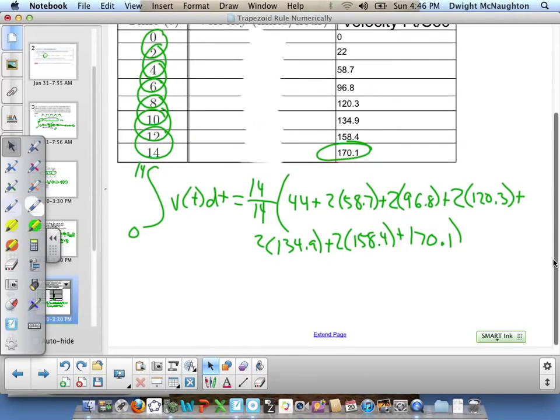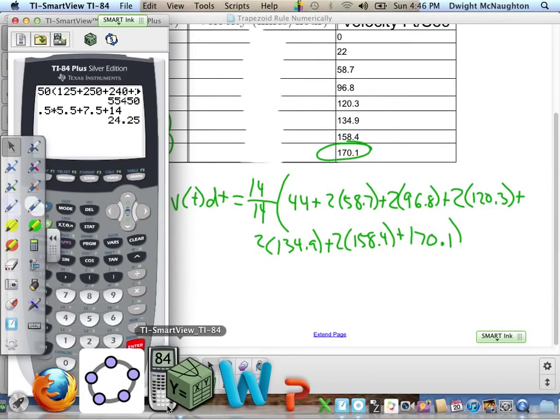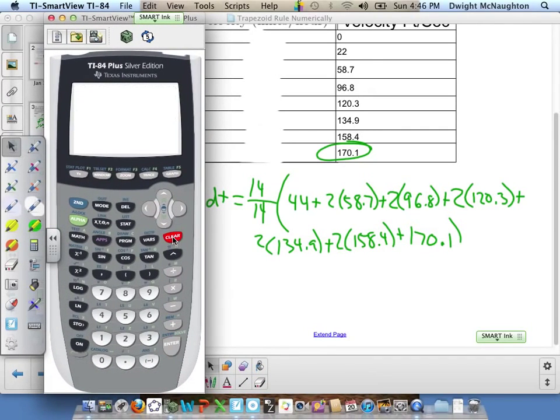All right, so let's go through and calculate that. 14 over 14 reduces to 1, so don't bother. 44 plus 2 times 58.7 plus 2 times 96.8 plus 2 times 120.3 plus 2 times 134.9 plus 2 times 158.4 plus 170.1.